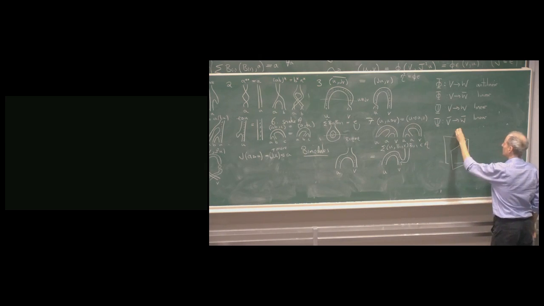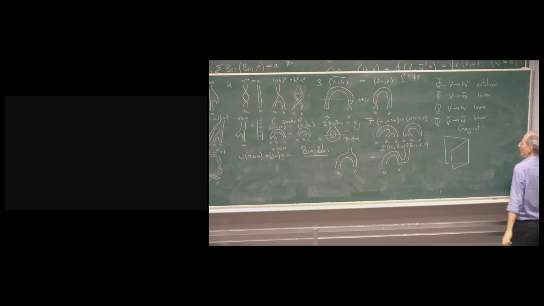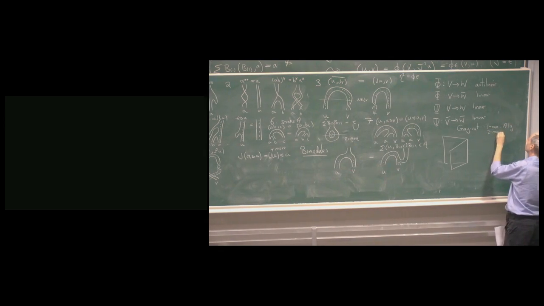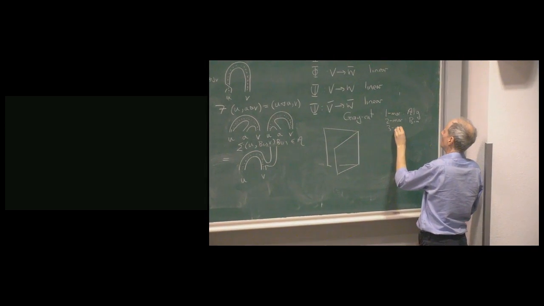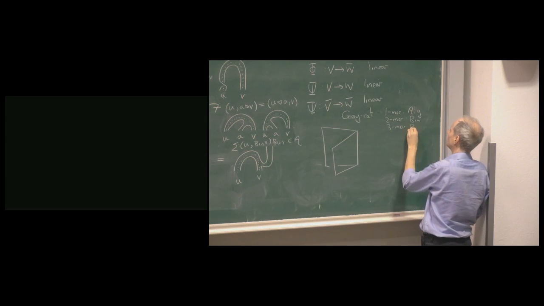So in fact it's a grey category. And the one morphisms are algebras, and the two morphisms are bimodules, and the three morphisms are bimodule maps.